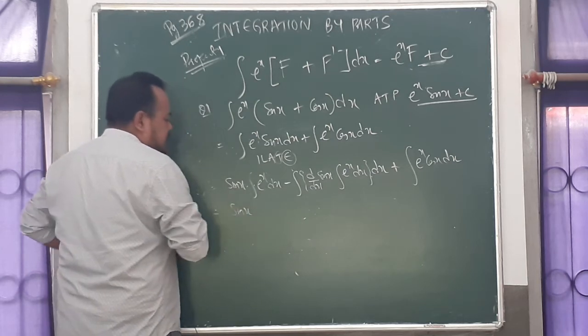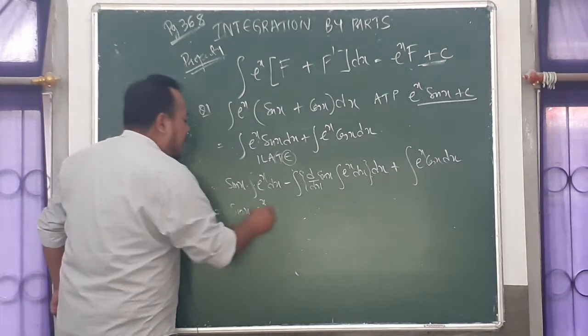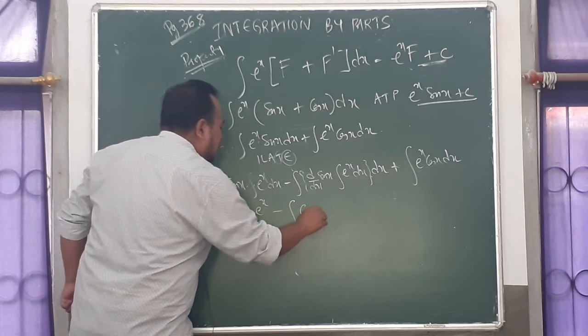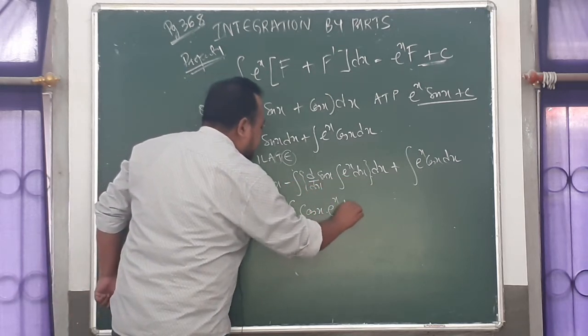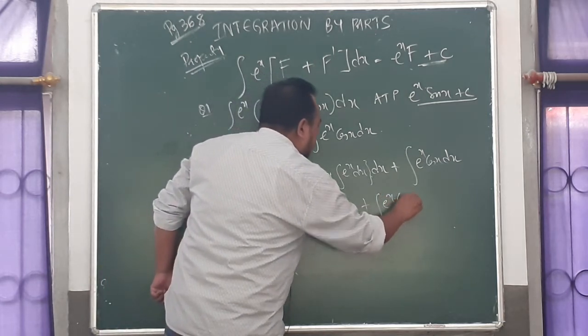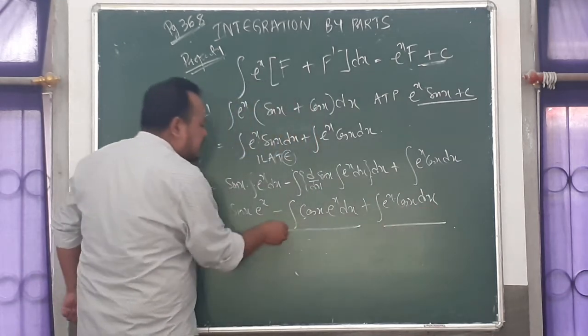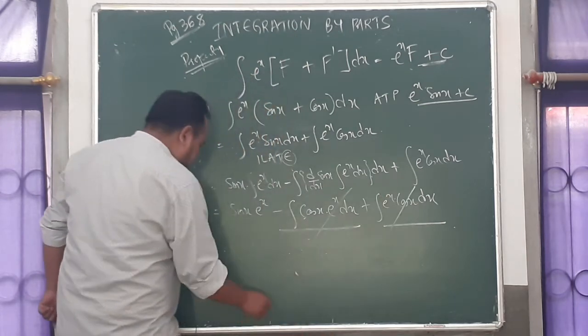Sin x as it is. What is integration of e to the power x? It is e to the power x minus what is the differentiation of sin x? It is cos x. And what is the integration of e to the power x? It's e to the power x dx plus the term which was left, e to the power x cos x dx. So as you can see, this is positive and this is negative, and both the integrations are same, so positive and negative gets cancelled.